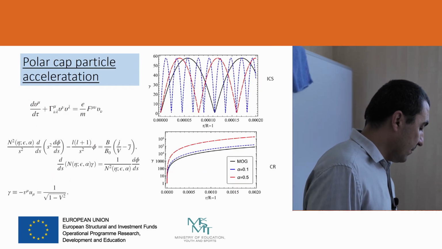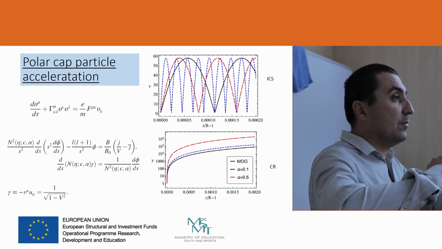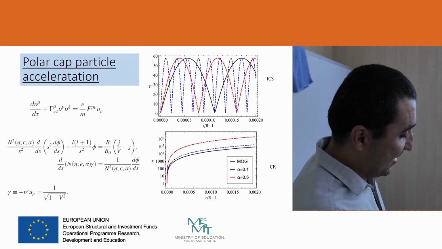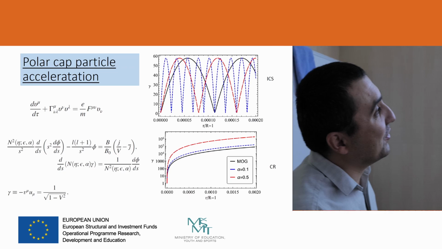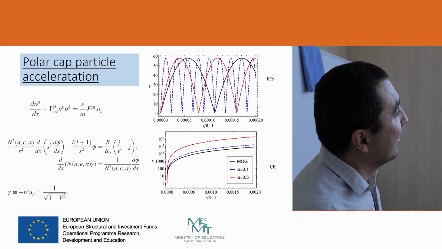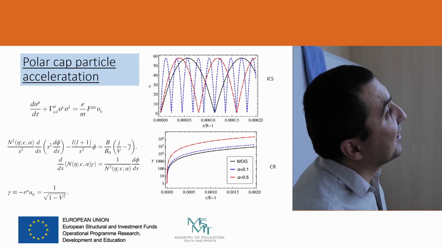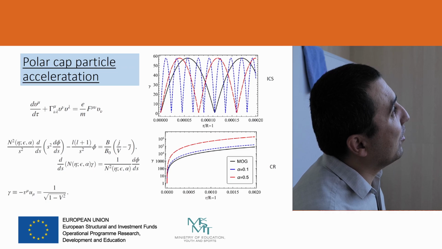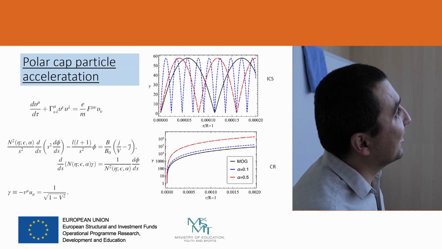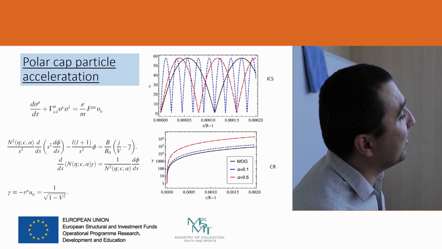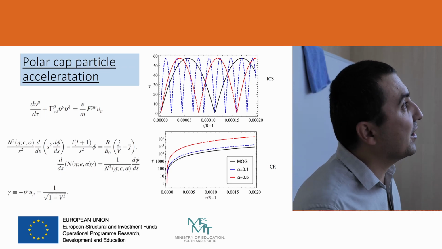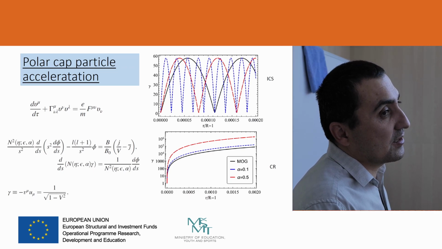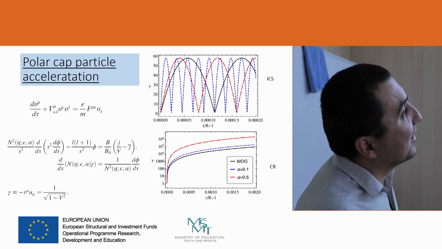So as we said about the primary electron accelerators along the magnetic field, here two different analyses are shown for the Lorentz factor gamma of the particles. The inverse Compton scattering model says that if a particle accelerates up to a gamma of about 50, 60, the particle radiates again and loses its energy and comes to rest, and then it starts accelerating again due to the external electric field.